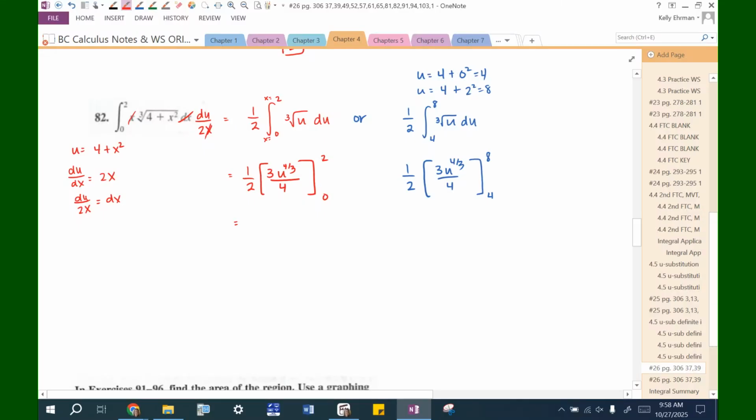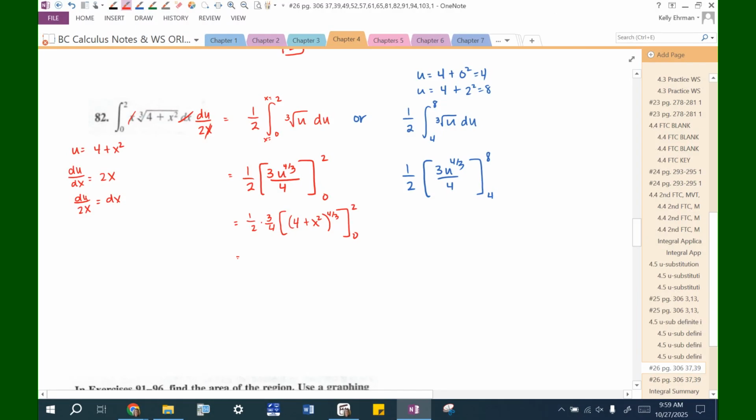So in the first version, when everything is in terms of x, I need to change out the u. So also, you can factor a 3/4. If you have a constant like this, as long as there's no other addition or subtraction, you can factor the constant out and say 1/2 times 3/4, and then this will just leave me with 4 plus x squared to the 4/3 from 0 to 2.